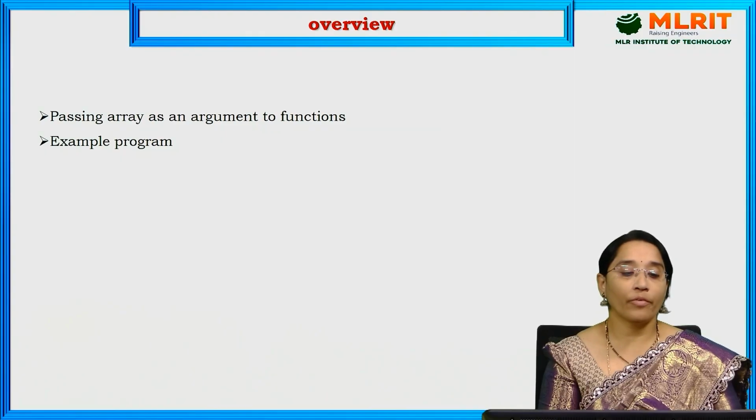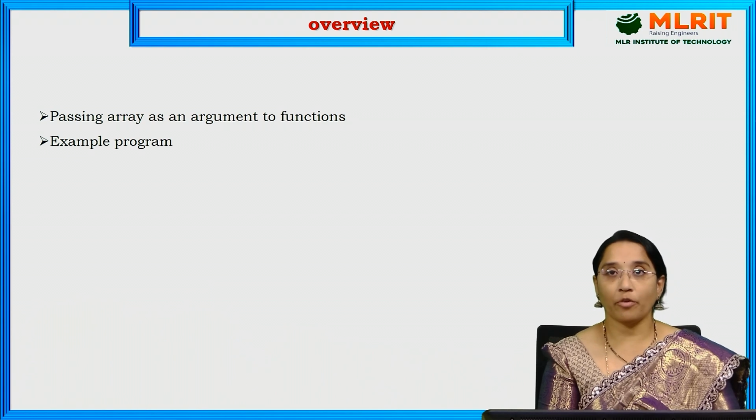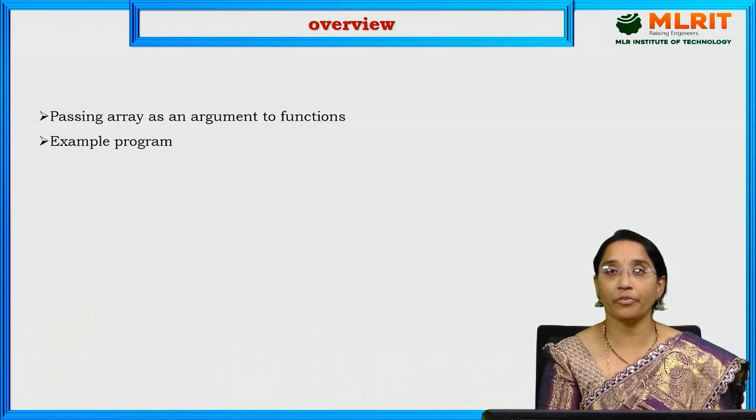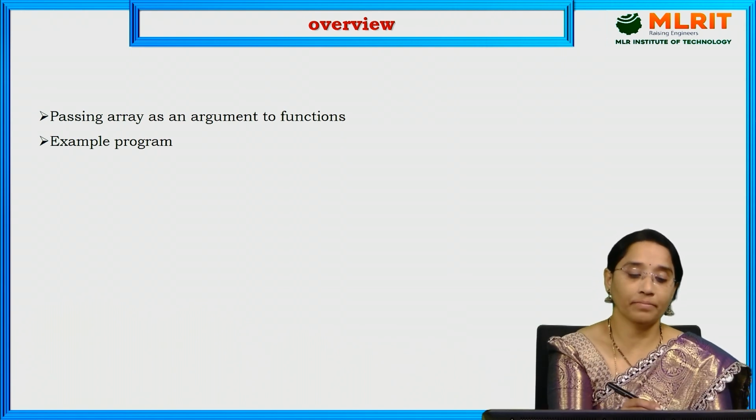So this is the overview: how to pass an array as an argument in a function, with a sample program. If you remember how to declare a function, how to call a function, how to define a function. So what is the syntax for function declaration?